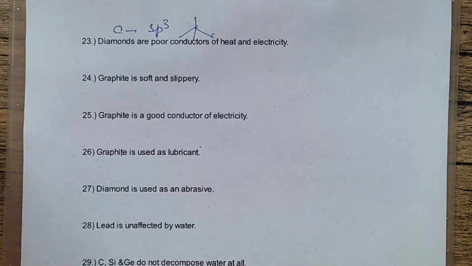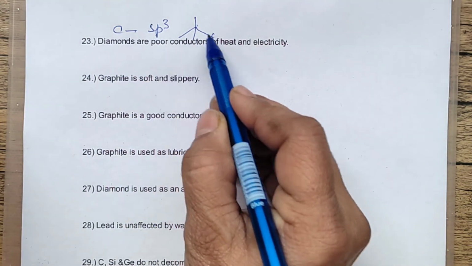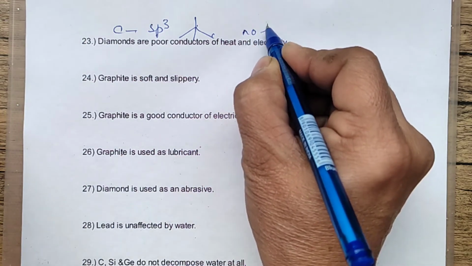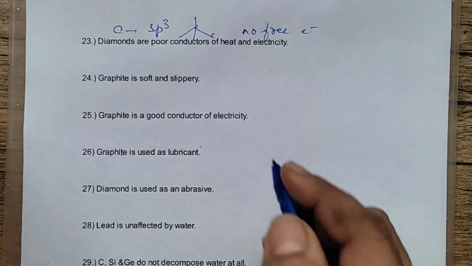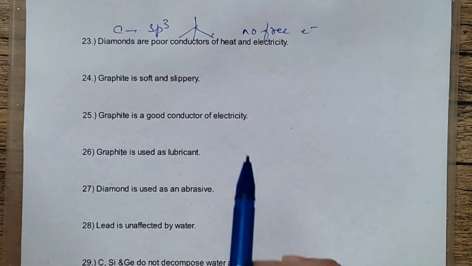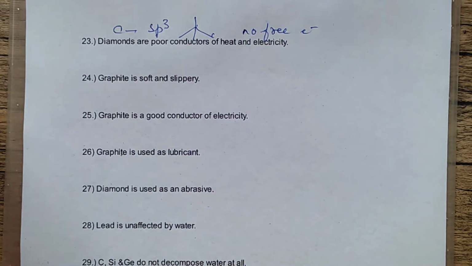No electron is free. There are 4 electrons in the valence shell, and all 4 are involved in bond formation. So there is no free electron available in diamond, therefore it is a poor conductor of heat and electricity.